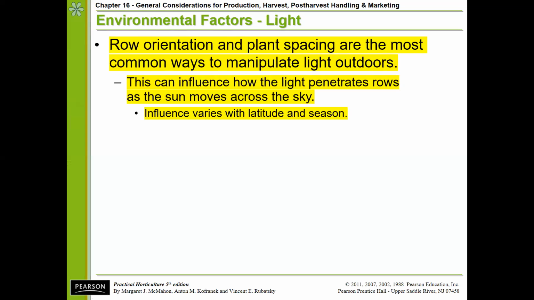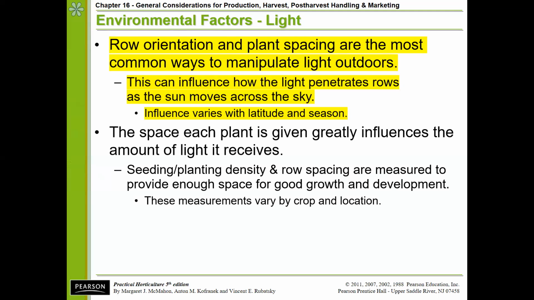So generally, we would orient our rows north to south, so that you're getting the maximum light conditions. Of course, that's for our area, our latitude. Higher latitudes, it would be oriented differently, so that crops are not shading each other out.